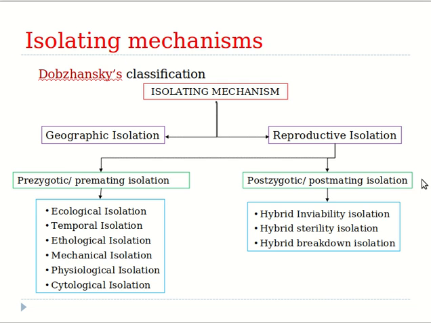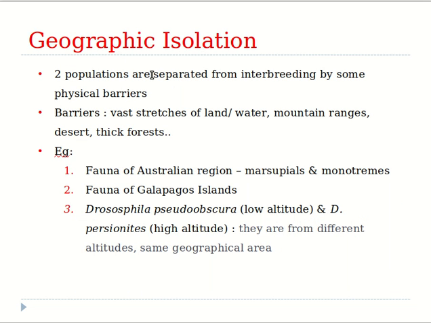So, we will see geographic isolation here. When two populations or two subgroups of one population are separated from interbreeding by some physical barriers, it is referred to as geographic isolation.